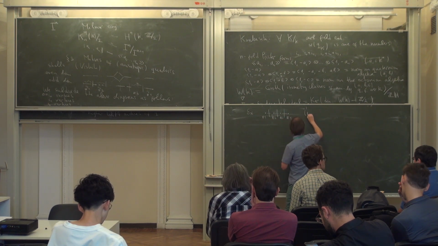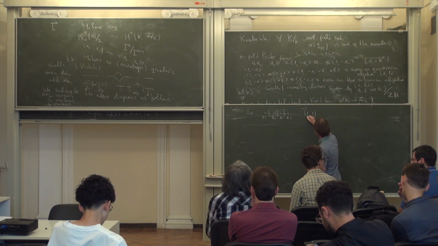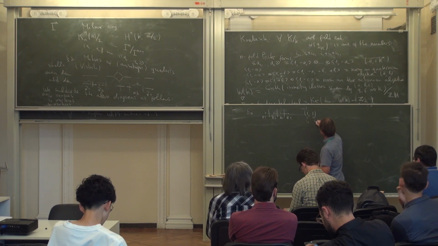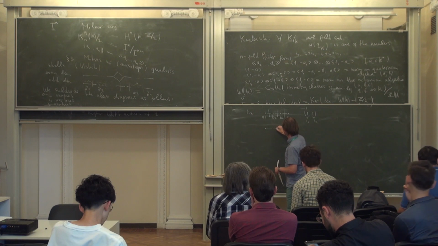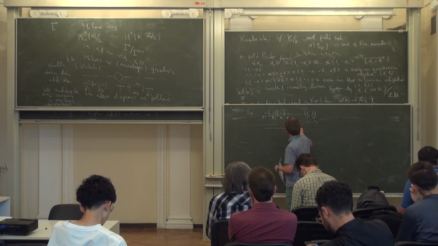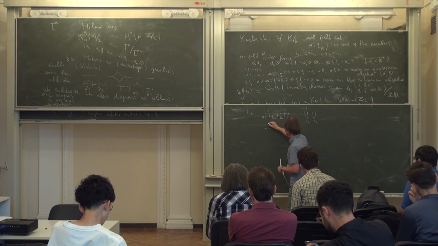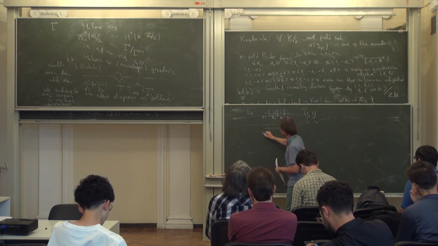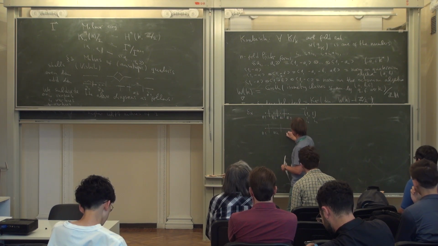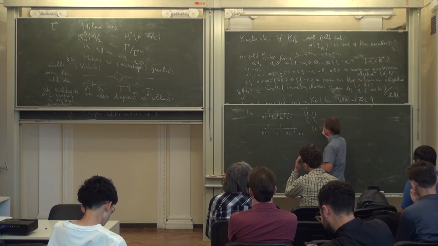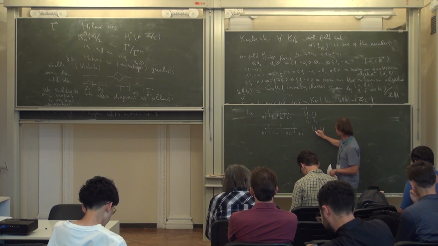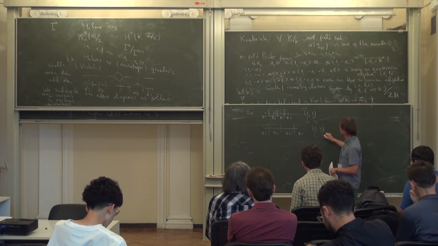This is i1, this is i2. Or if you want a bigger picture, like this, it should be symmetric: shell number 1, shell number 2, shell number 2, shell number 1. This is i1, this is i2.